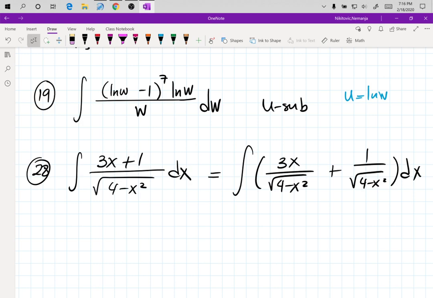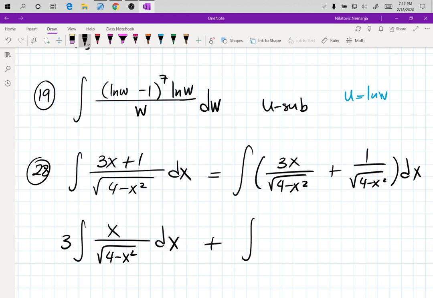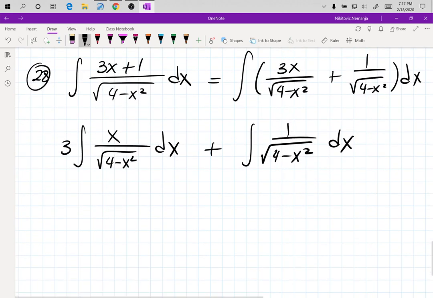Now guys, look at this. How do we solve the first integral? I'll kick 3 outside. How do you solve the first integral? And how do you solve the second integral? On the first integral, u sub, right?